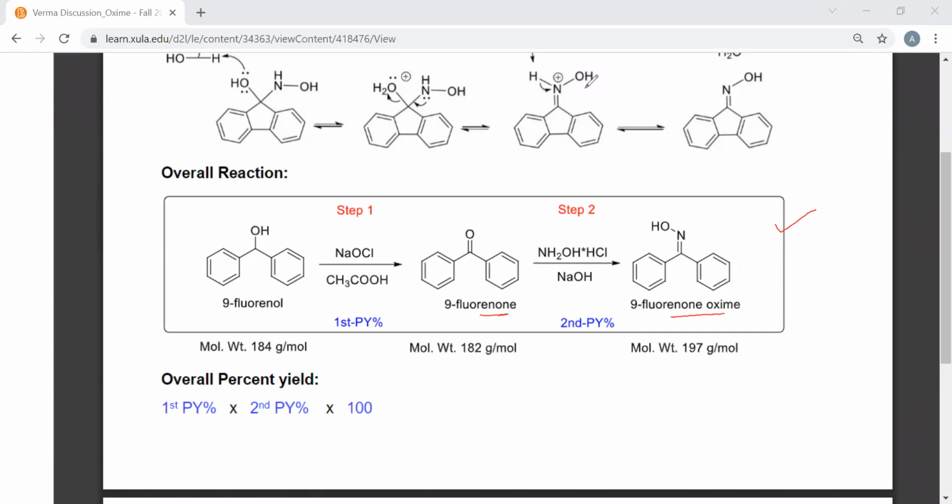In your lab report, you are also required to calculate overall percent yield. So you will calculate percent yield for the first step, the percent yield for the second step, and then the overall percent yield.